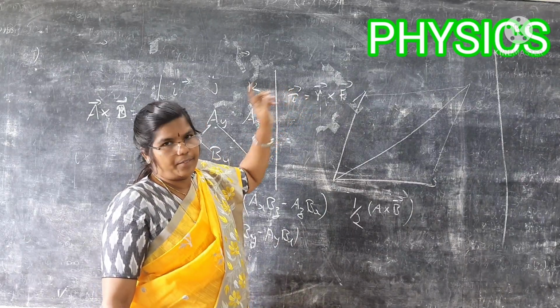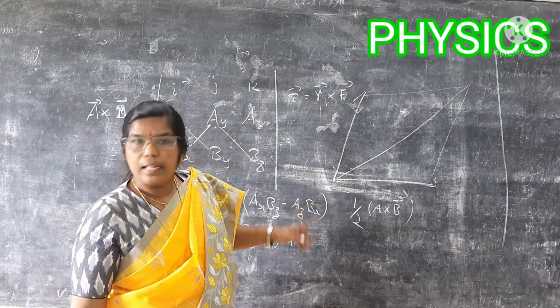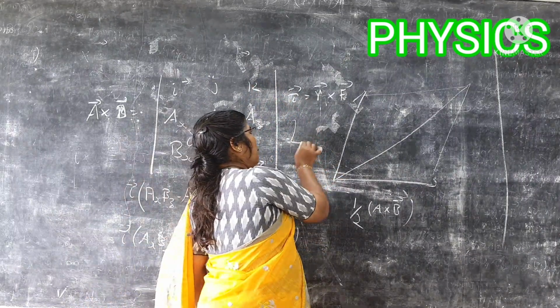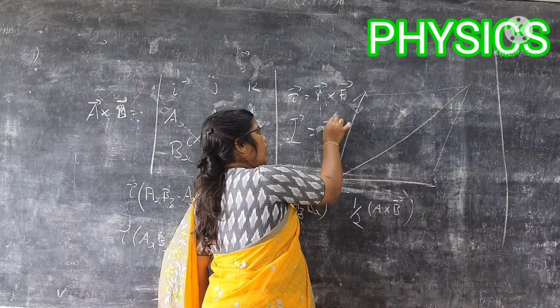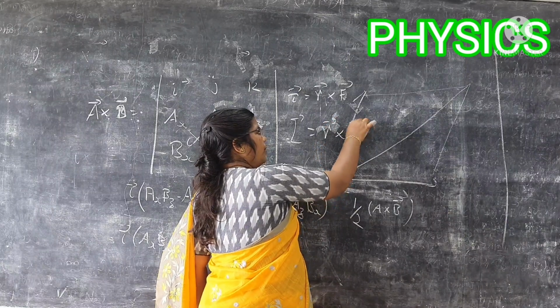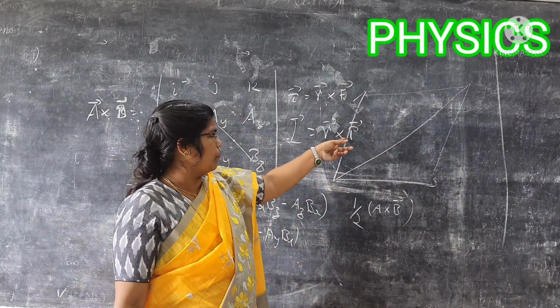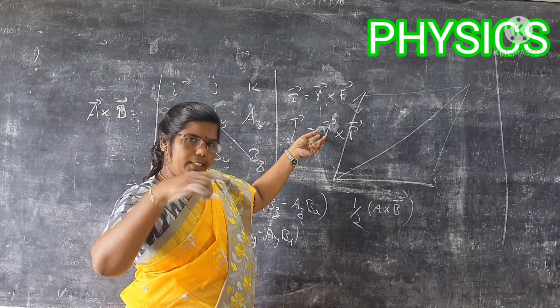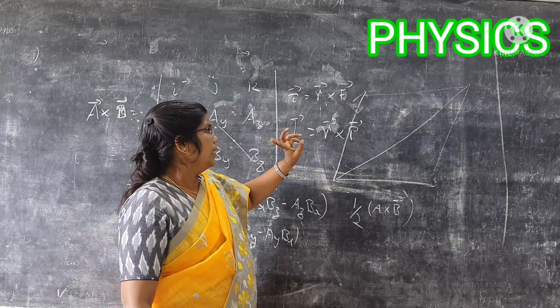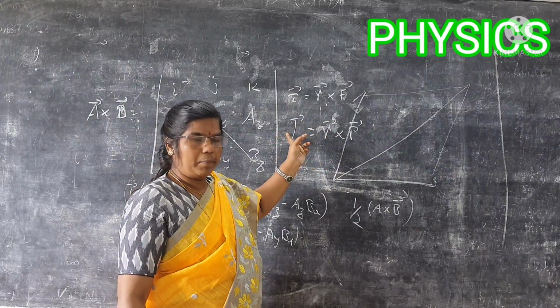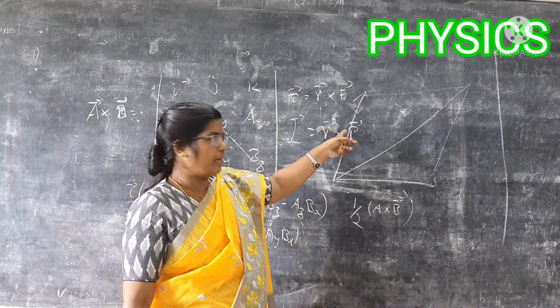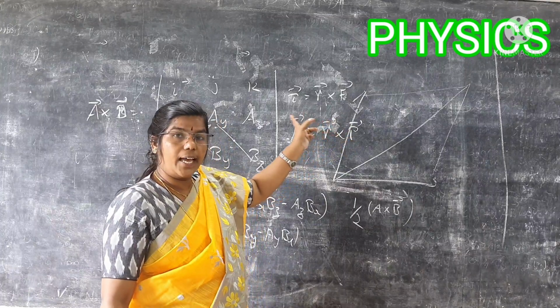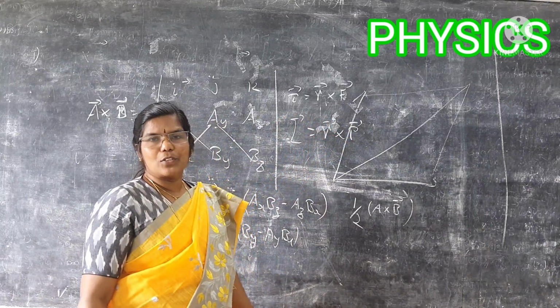So this has a vector at the end. Okay. Likewise, angular momentum L equals R cross P, R vector cross P vector. P is the momentum, R is the displacement or distance between the 2 points. Then angular momentum L equals R vector cross P vector. R is a vector, P is a vector, and angular momentum is also a vector.